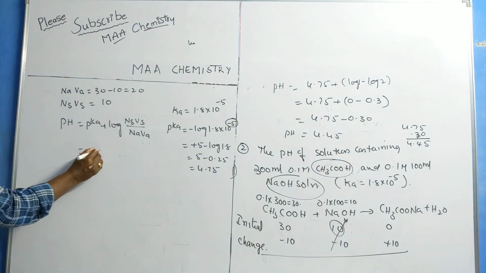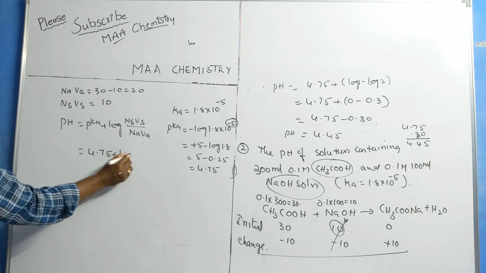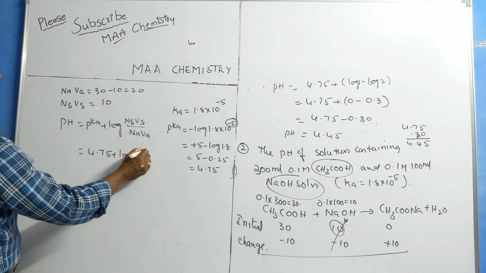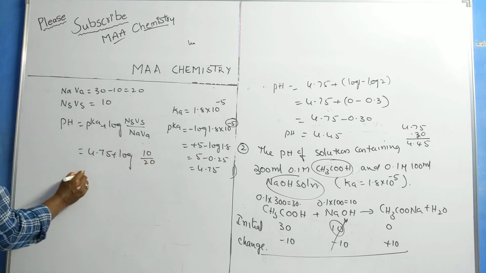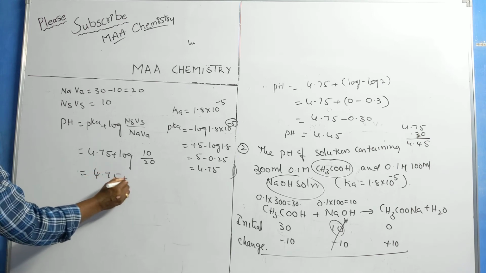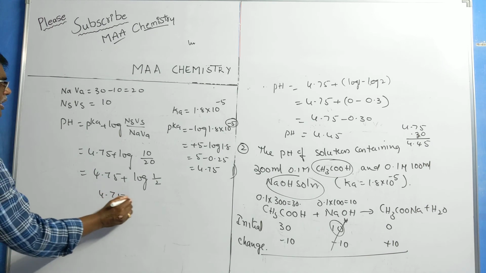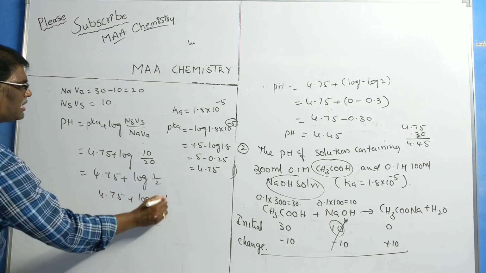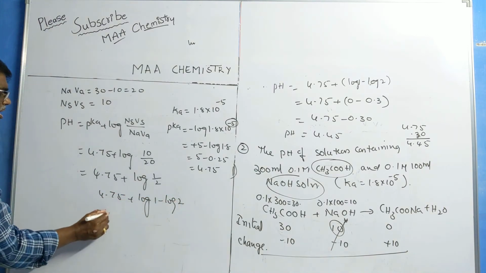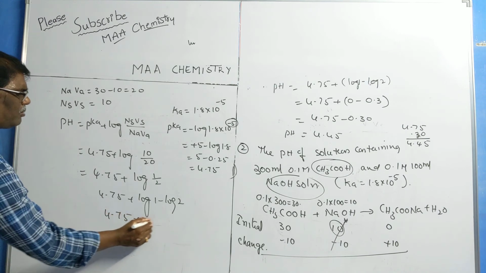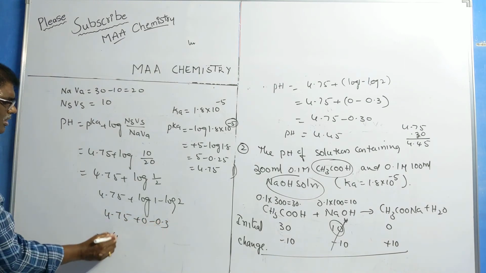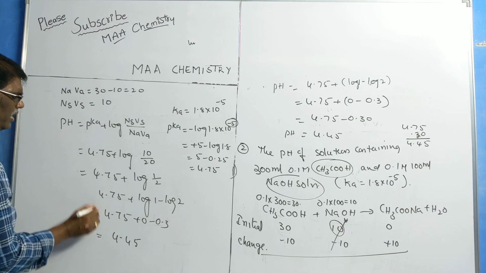Now substitute: 4.75 plus log of 10 by 20, which is 4.75 plus log 1 by 2. Again 4.75 plus log 1 minus log 2. So 4.75 plus 0 minus 0.3 is nothing but 4.45.